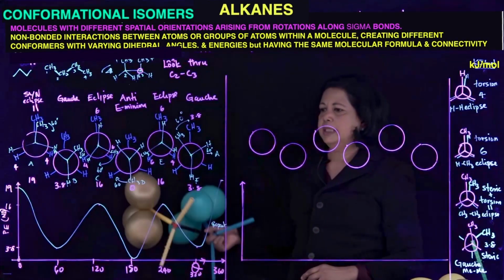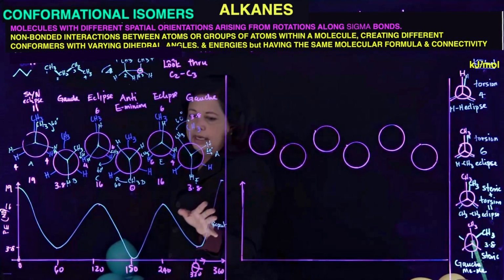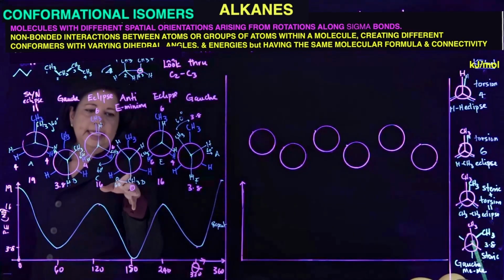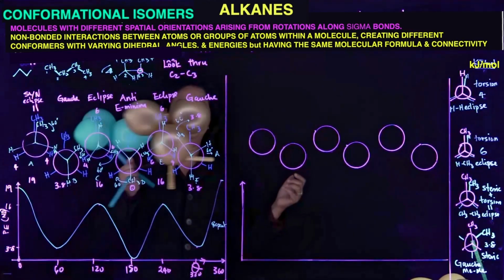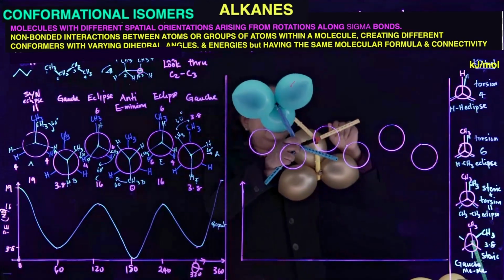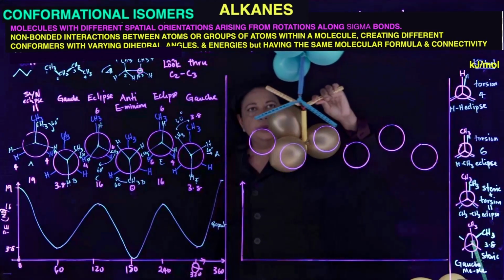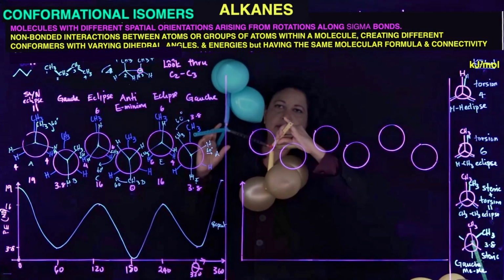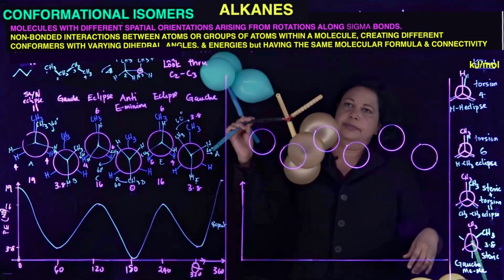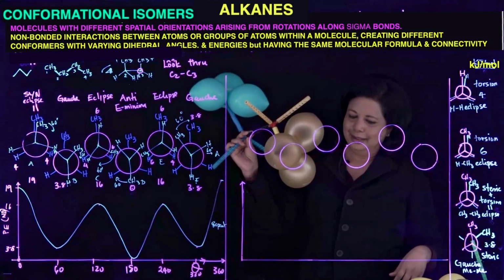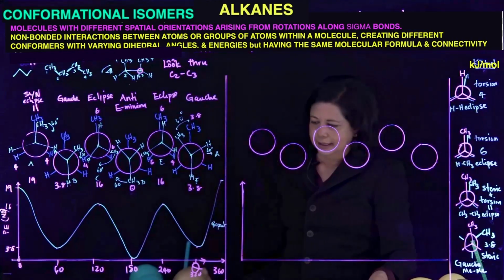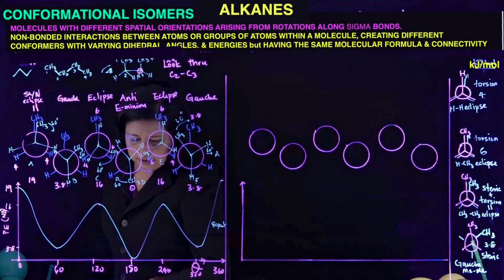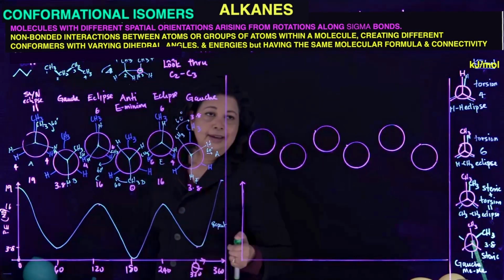So that's for butane. So the energy minimized here. If you take a snapshot of this butane, most of the time, this is where you're going to catch the butane. Lying down on the sofa, watching TV, energy minima. Maybe munching on some chips and beer.